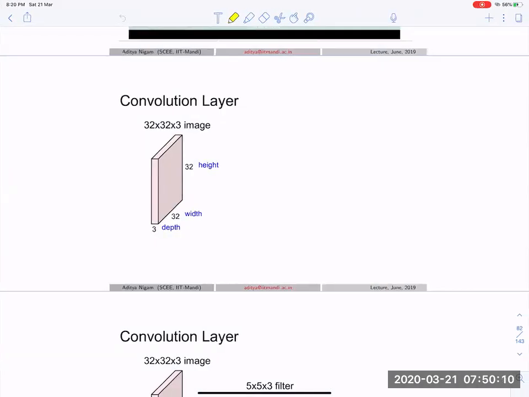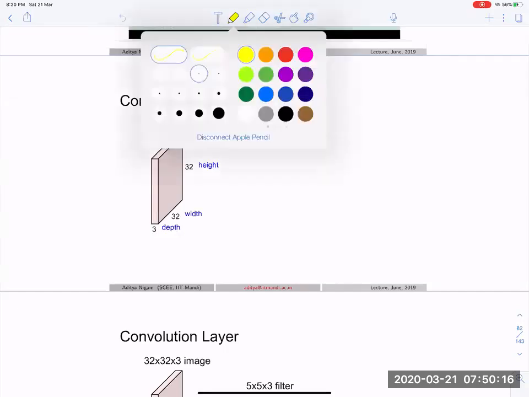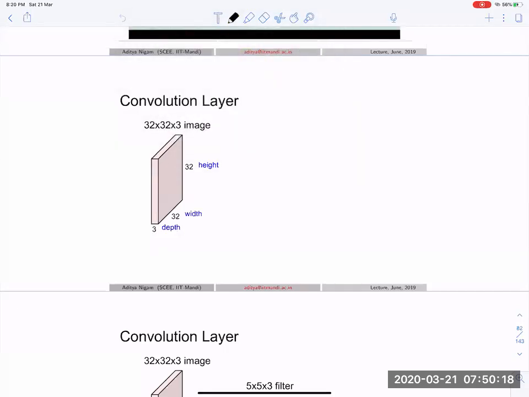We have seen in our previous lecture about convolutional neural networks. What we are going to see today is that, suppose I have an image of size 32 by 32, and this 32 by 32 is the input dimension, and obviously this 3 is there because your image is an RGB image. Usually in an RGB image, you have an R channel, a G channel, and a B channel.